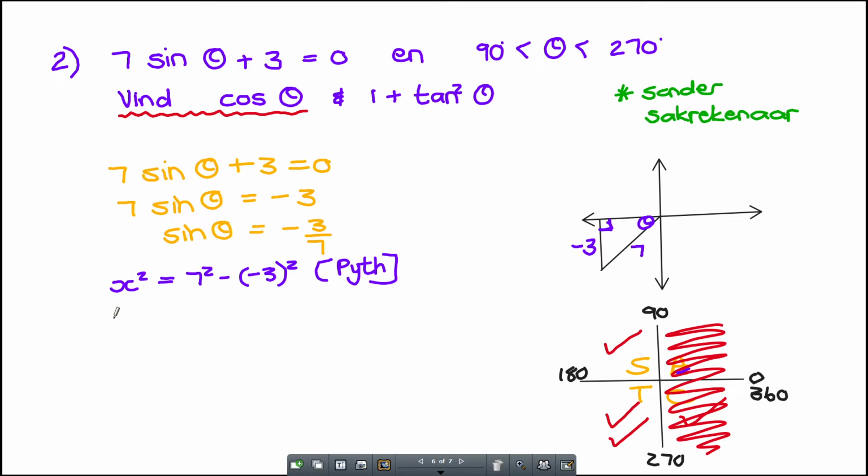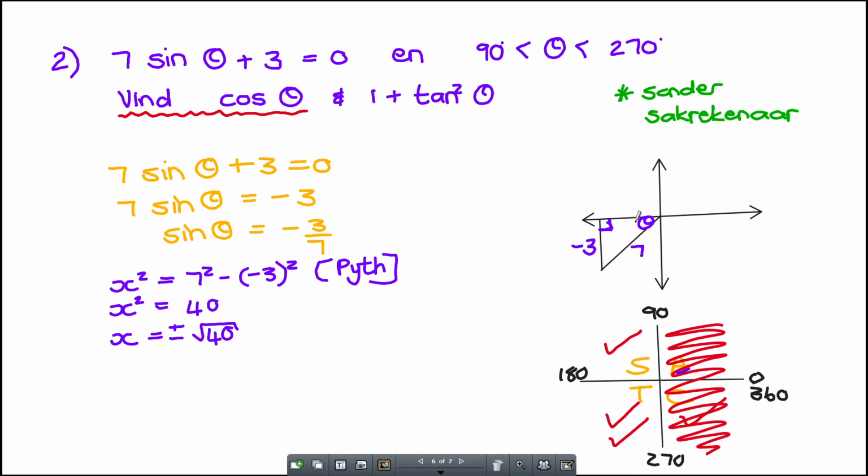Nee, okay, so x kwadraat, daar is 49 minus 9, so dit geef my 40. Maar, I just want x, so it would be x is equal to square root of 40, maar, because it's square root, it can be plus or minus.